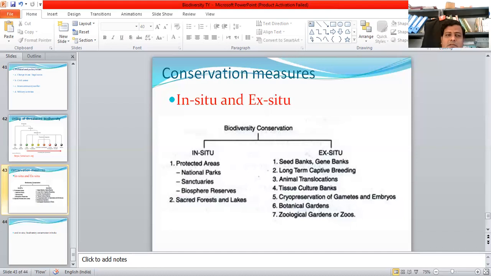There are many advantages of ex situ conservation. It is useful in preserving the declining populations of species. Endangered and threatened animals and plants which are on the verge of extinction can be successfully bred in this type of preservation. Certain species are bred in captivity and later released in the natural habitat.